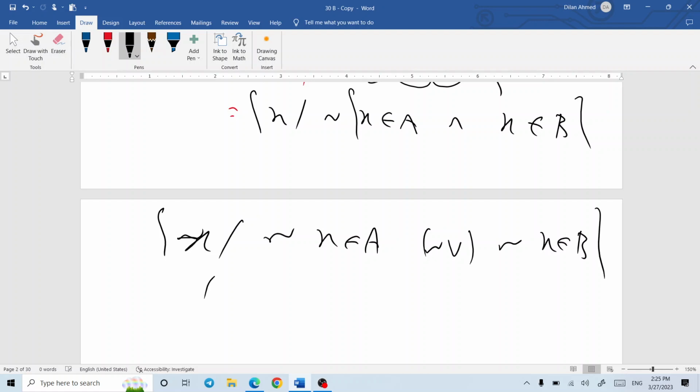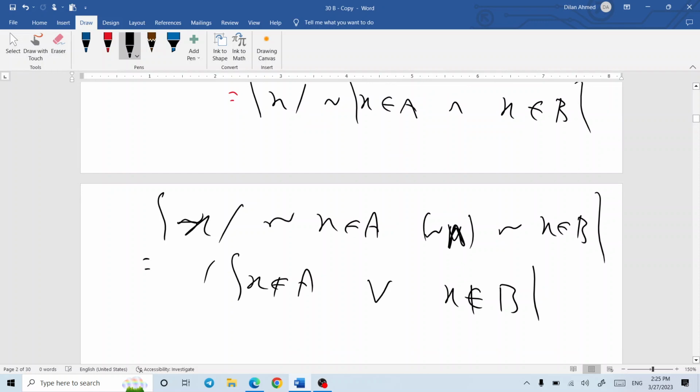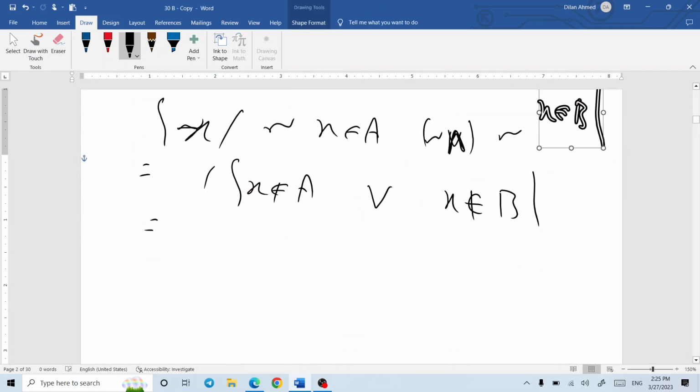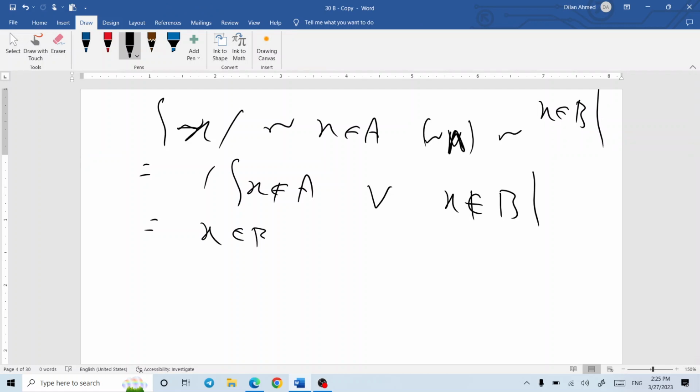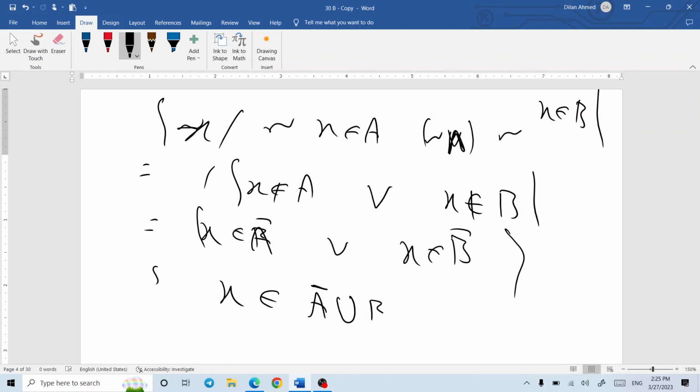So which means that x does not belong to A, or x does not belong to B. I know you are a little bit confused, but be patient. I'm going to review it for you. x belongs to A complement or x belongs to B complement. Then you will get x belongs to A complement union B complement.